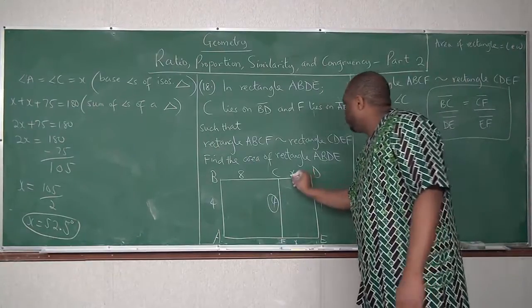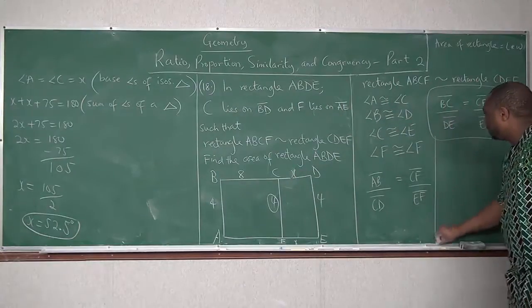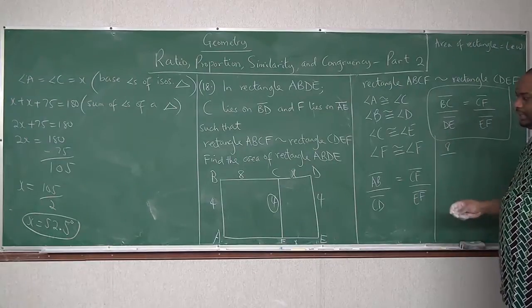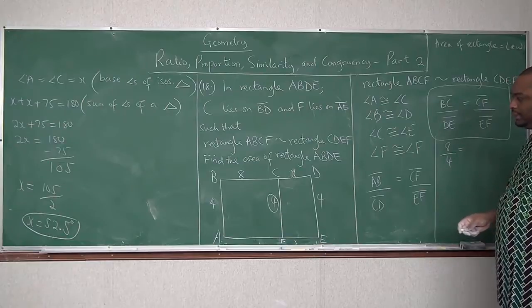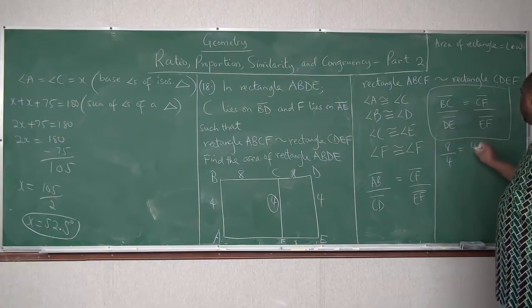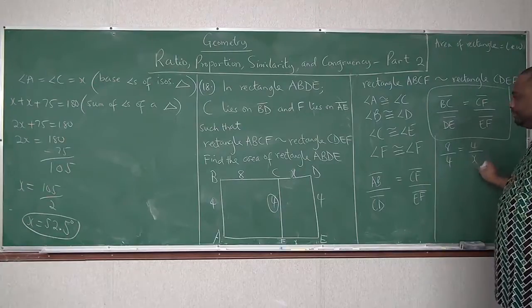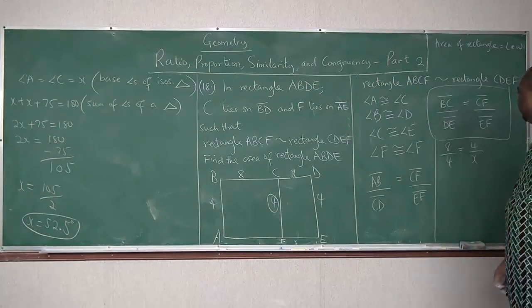So when we do that, we have that BC is 8 over DE is 4 equal to CF is 4 over EF. EF, we call it X. EF and CD is the same thing, X.